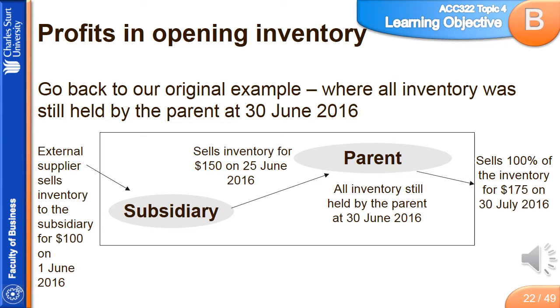So that's where we're up to. Now we're going to look at the next financial reporting period, 30th of June 2017, and within that period, what we're saying is on the 30th of July 2016 the parent sells 100% of the inventory for $175. And now on the next few slides we're going to look at how we account for that.